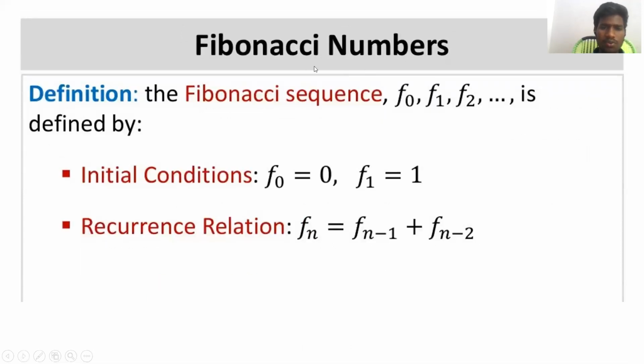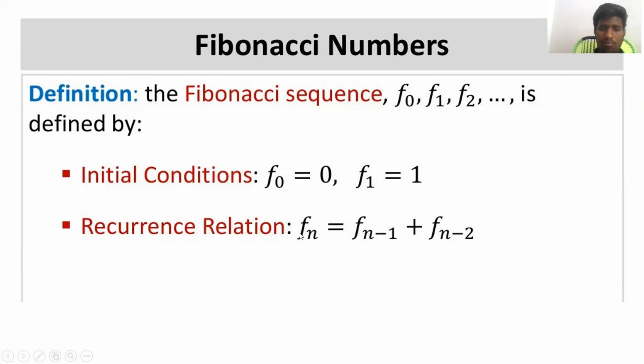Definition. For example, take the Fibonacci numbers. The Fibonacci sequence f0, f1, f2, and so on is defined with initial conditions f0 equals 0, f1 equals 1. Initially, the two values are 0 and 1.